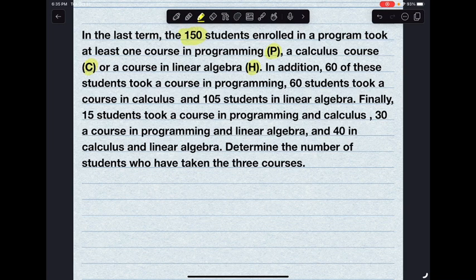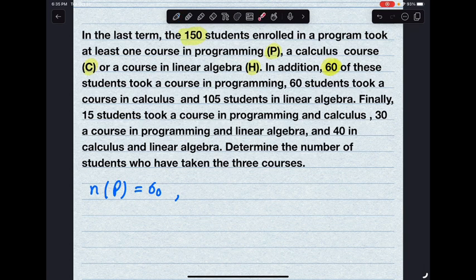Now here is the information. First part is there are 60 students who take a course in programming, so we can say N of P, number of students who take programming, is 60. What about the next one?